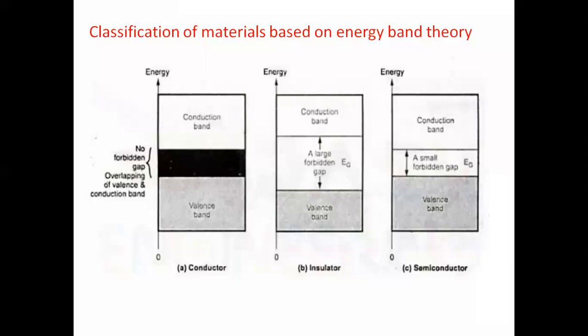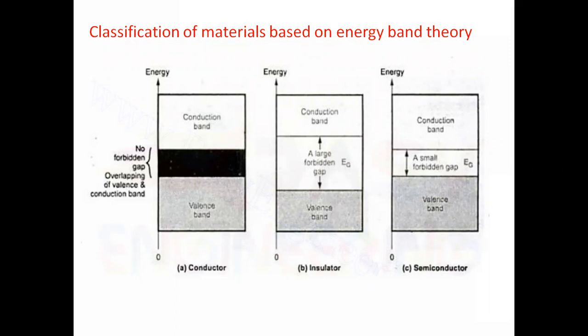Generally, energy is represented in joules, but for atomic energy levels, we represent it in electron volts, eV, small e, capital V. So the gap for insulators is around 7 electron volts.